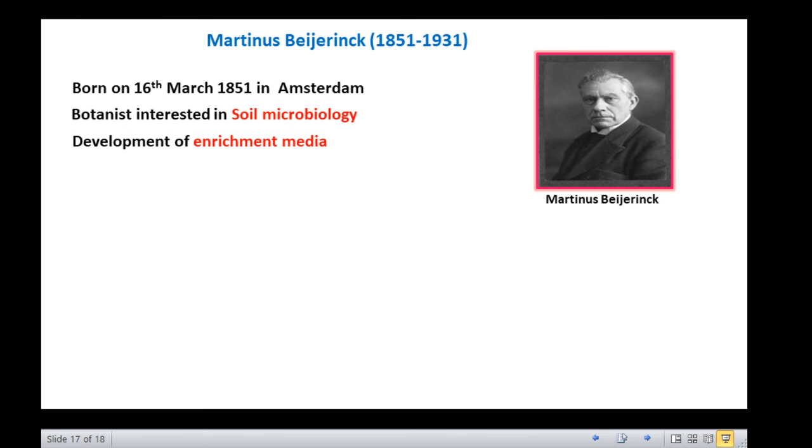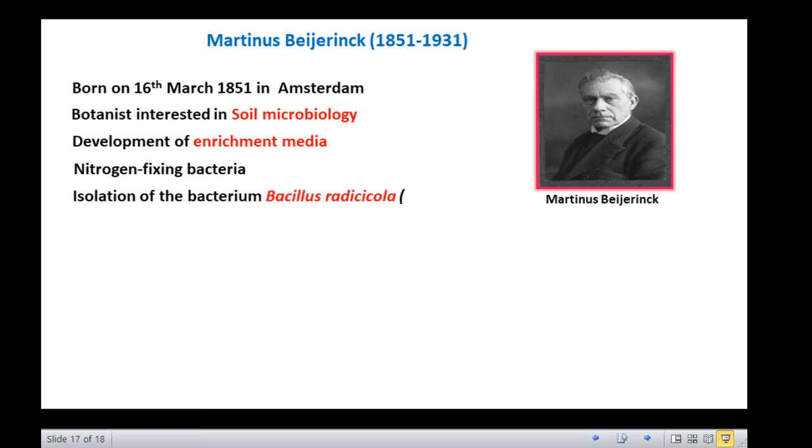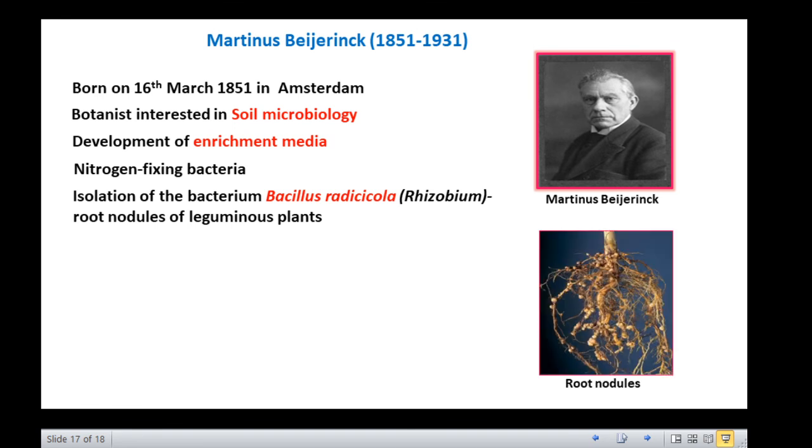An example is Beijerinck's work with nitrogen-fixing bacteria, which are important in agriculture and in the global cycling of nitrogen. In 1888, he isolated the bacterium Bacillus radicicola, later classified as a type of Rhizobium, which lives in the root nodules of leguminous plants.